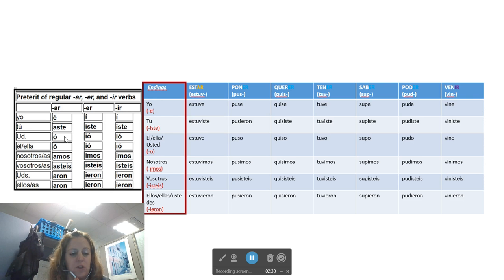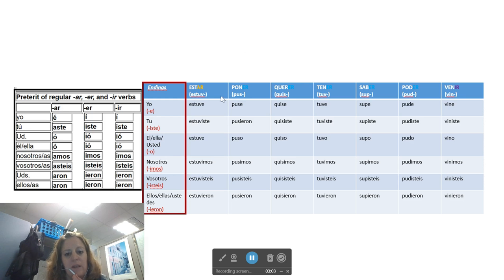What makes them different is that there's always an accent with all the other verbs in the preterite tense, in the yo form or the usted, él, ella form. With these irregulars, the yo and the usted, él, ella form do not get accented. So you'll have to memorize these endings: e, iste, o, imos, isteis, ieron.